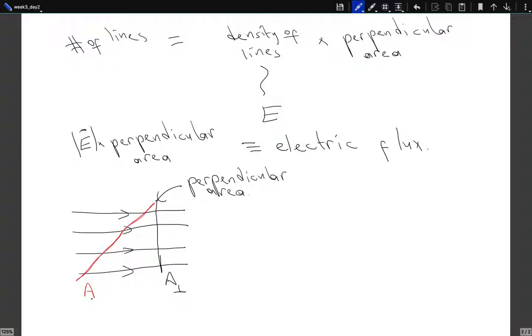But this height is nothing but the length of this side multiplied by the cosine of this angle. So if I define this angle to be theta, then this perpendicular area is nothing but A times cosine theta.